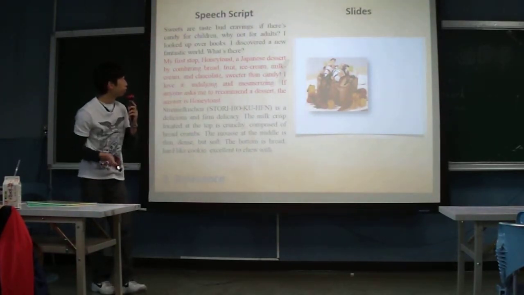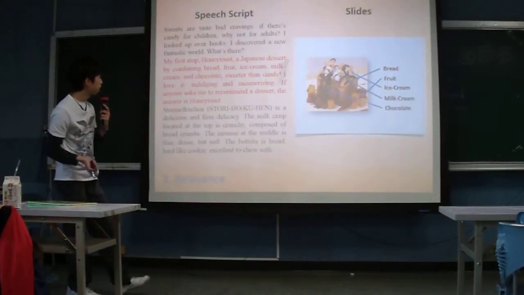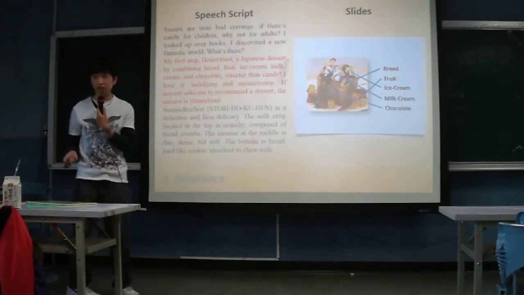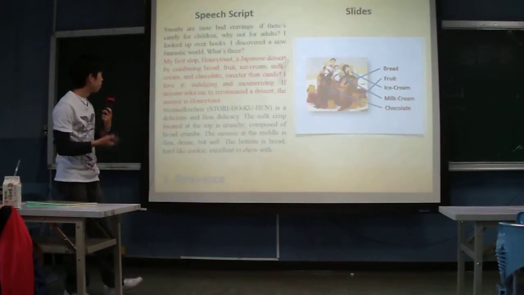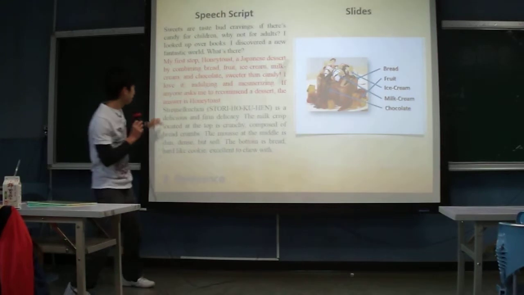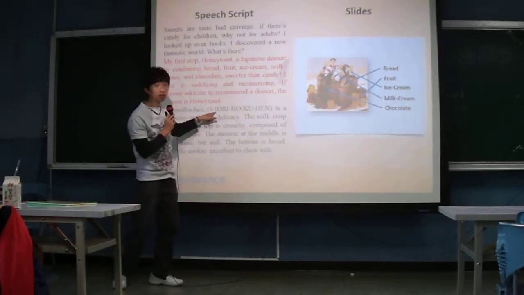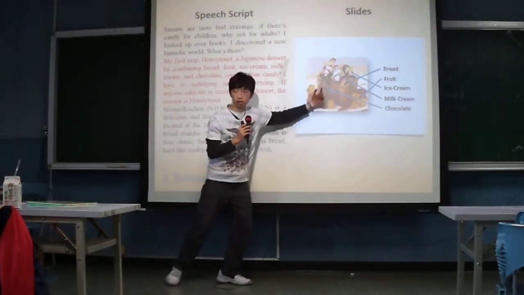My first love, honey toast, is a Japanese dessert combining bread, fruit, ice cream, milk cream, and chocolate. It's sweeter than candy. I love it. It's indulgent, mesmerizing. If anyone asks me to recommend a dessert, the answer is honey toast. And after I finished this sentence, going on to the next one, I changed the image to the other one.